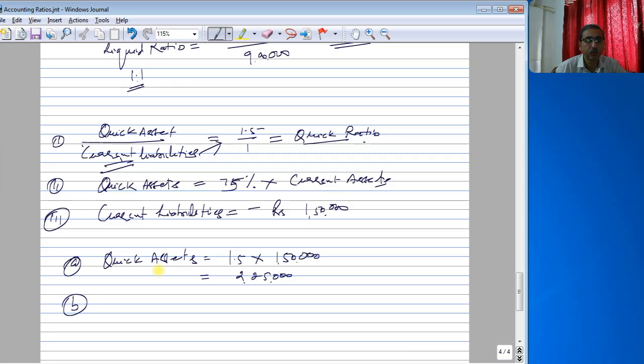Now the second point is that quick assets are 75% of current assets. Can we calculate current assets? Yes, because the relationship is given to us. The important point is to note down these relationships in the examination in this type of question, because you have to use them. There are many other difficult questions.